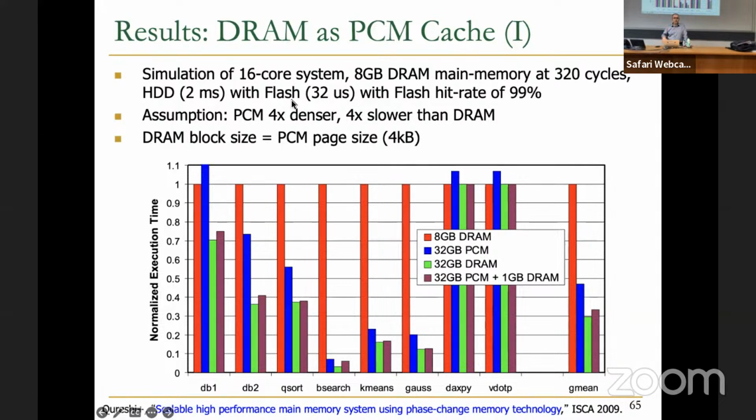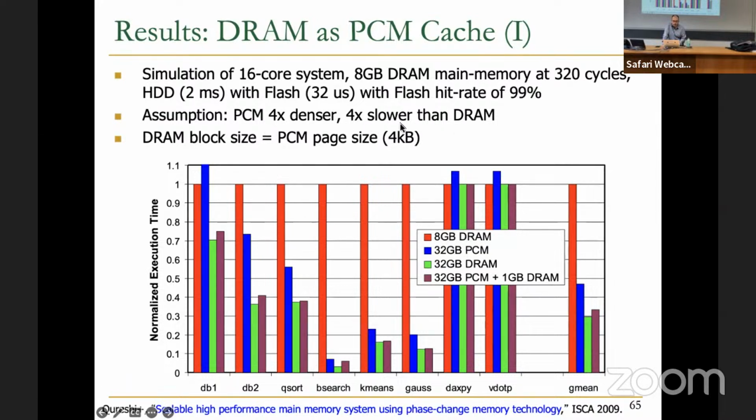In our work, the other work that I discussed, we considered that both PCM and DRAM have the same density. We only take into account the difference between their access latencies and energy consumption. But in this work, they consider that PCM is also denser. So they are using these properties to provide better performance.